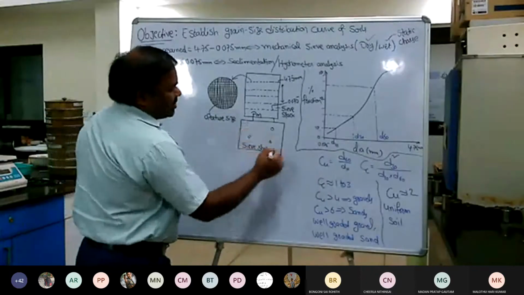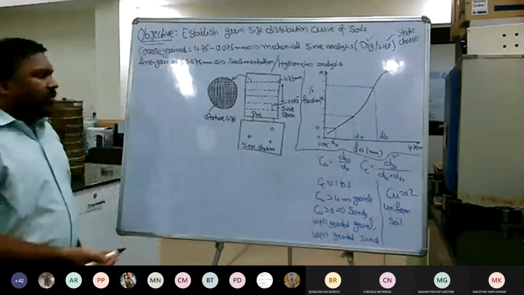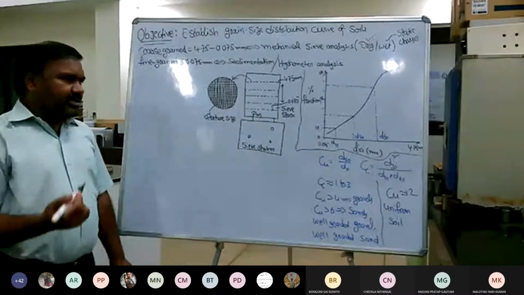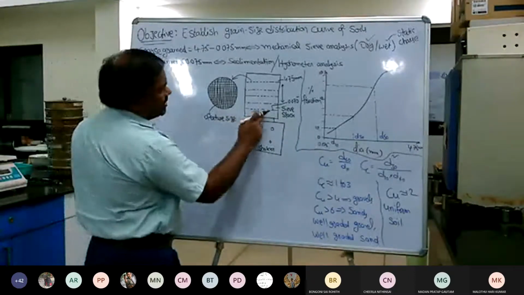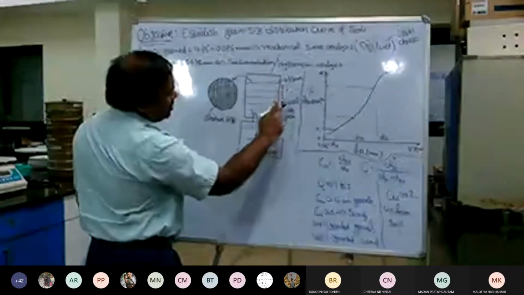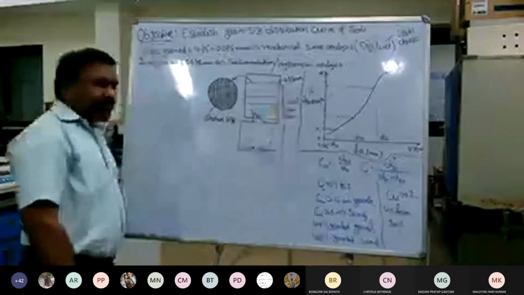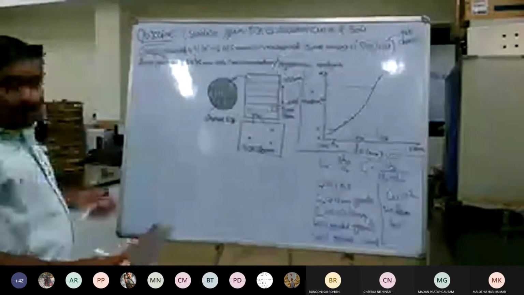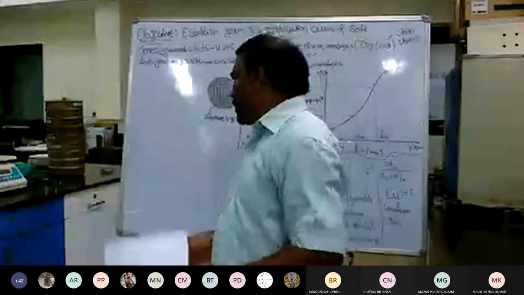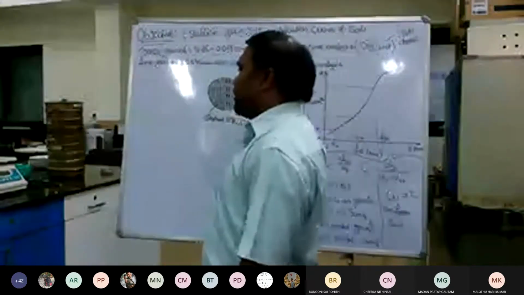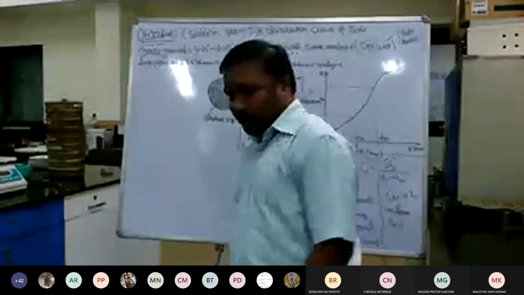So this is the sieve shaker. This is a small device which shakes a set of sieves. You can see here, this is called a sieve stack. Can you show this one? I will also show the picture of the sieve stack.